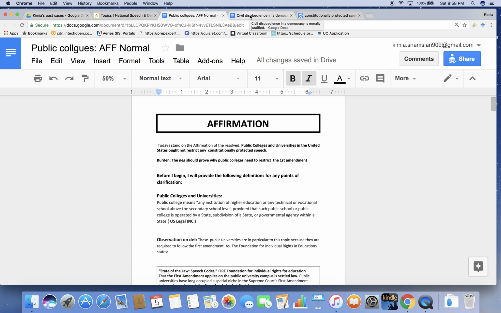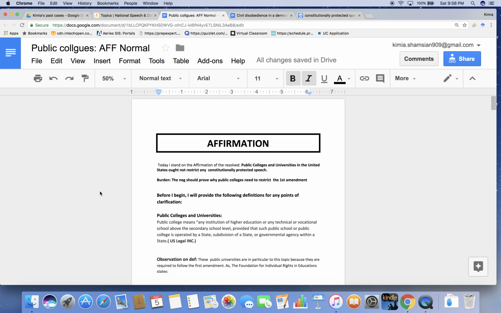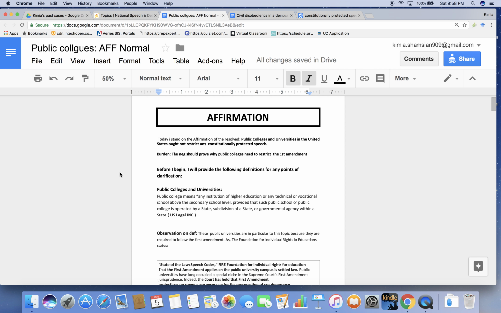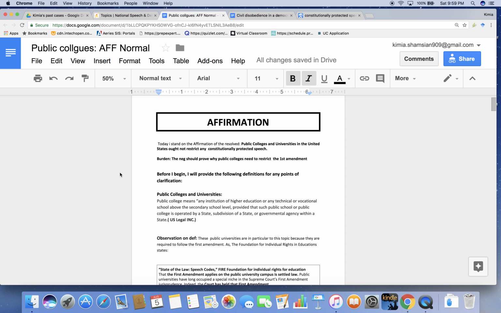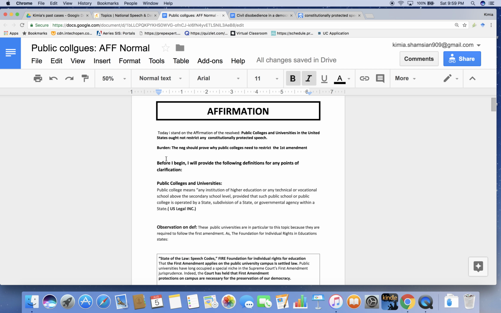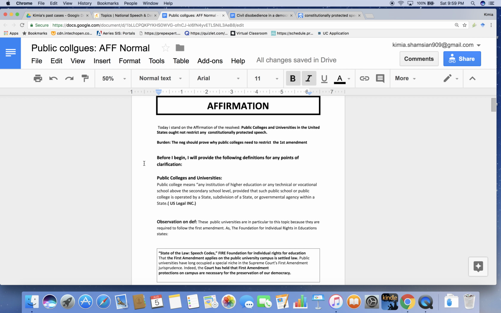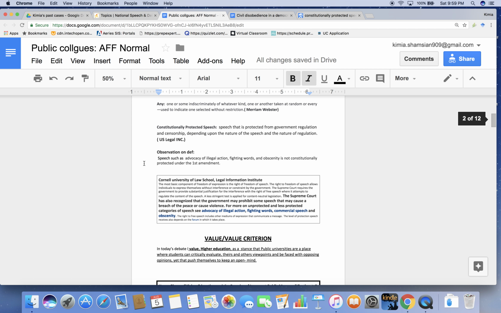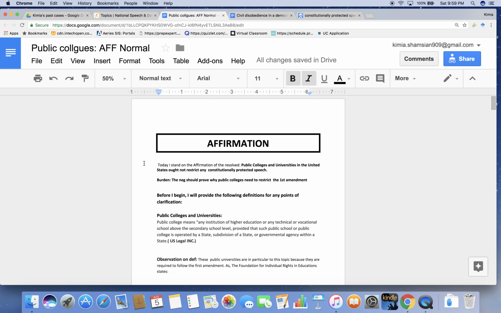So first, to look at a good example. A good example is, for example, this one, which I compiled while doing LD in December of 2016. As you can see, many things are bolded. Now, I will be going over the bolding of different things because it's very important that we bold specific things when we read them.